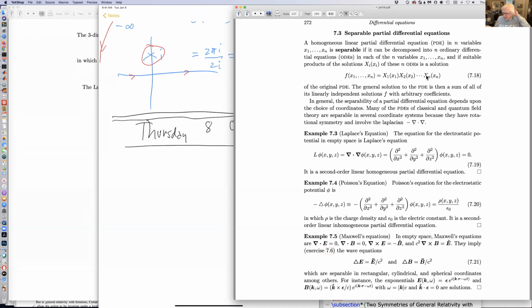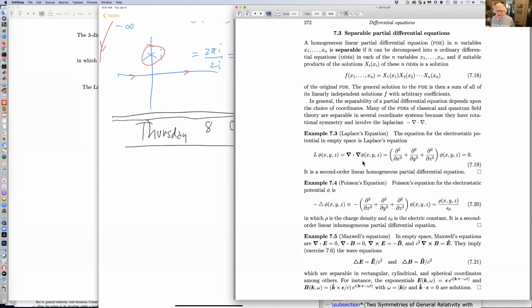In the case of equations, the equations of physics often are spherically symmetric, and so they involve a Laplacian, and the resulting partial differential equations, where I'm using the acronym PDE for partial differential equation, ODE for ordinary differential equation, are then separable in several coordinate systems.